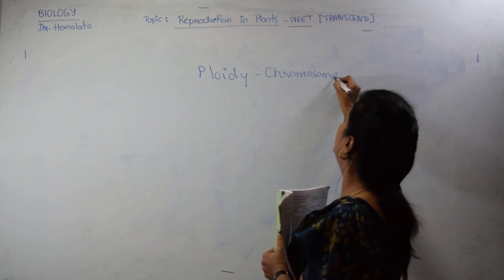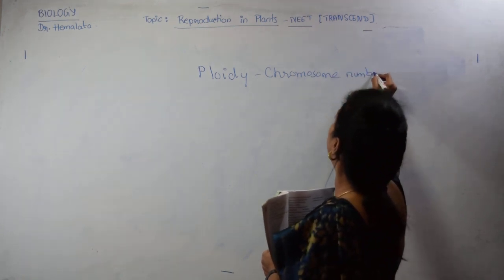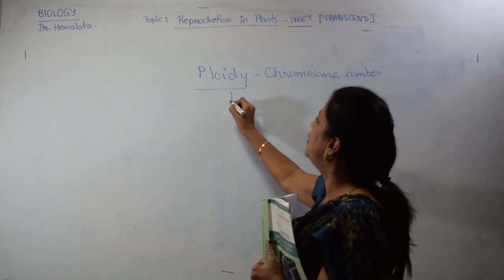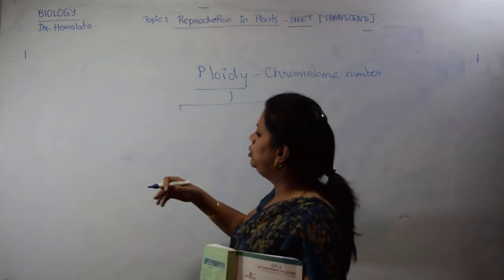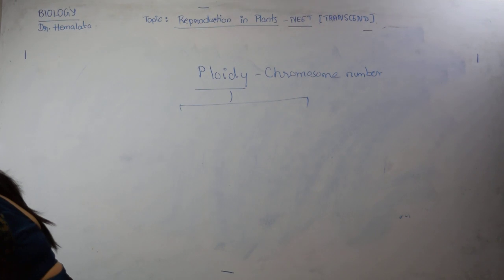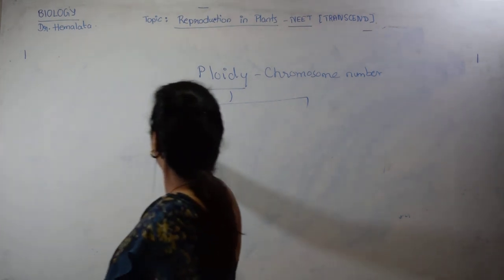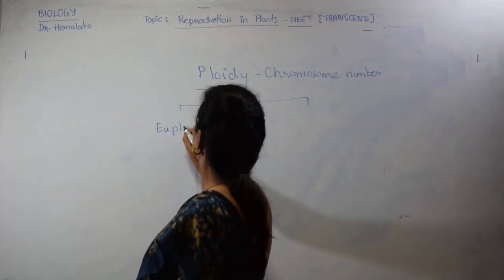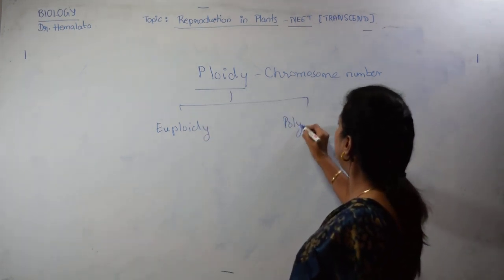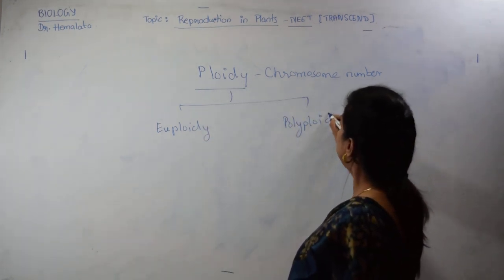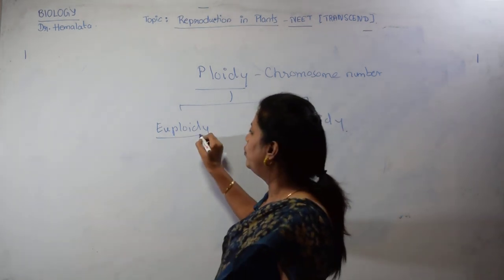So the chromosome number, or the ploidy, is divided into two types of ploidy levels. One is called euploidy, this first one. The second one is called polyploidy. What is the meaning of euploidy?